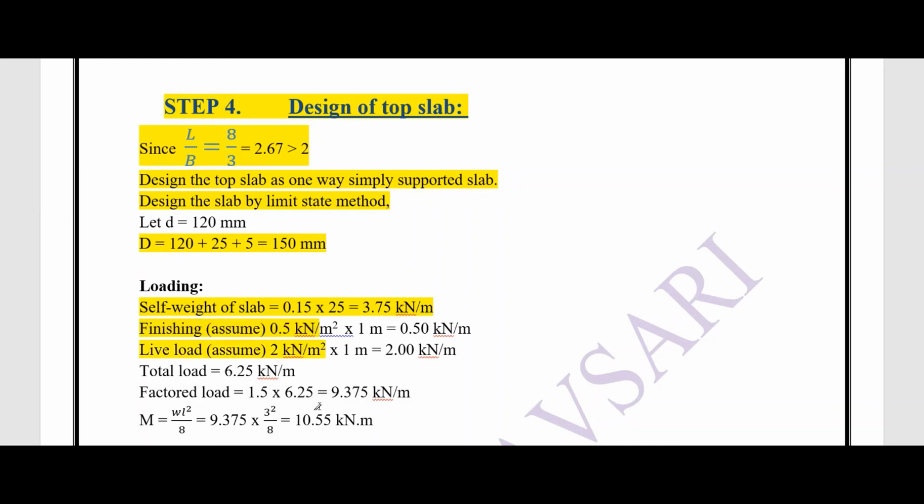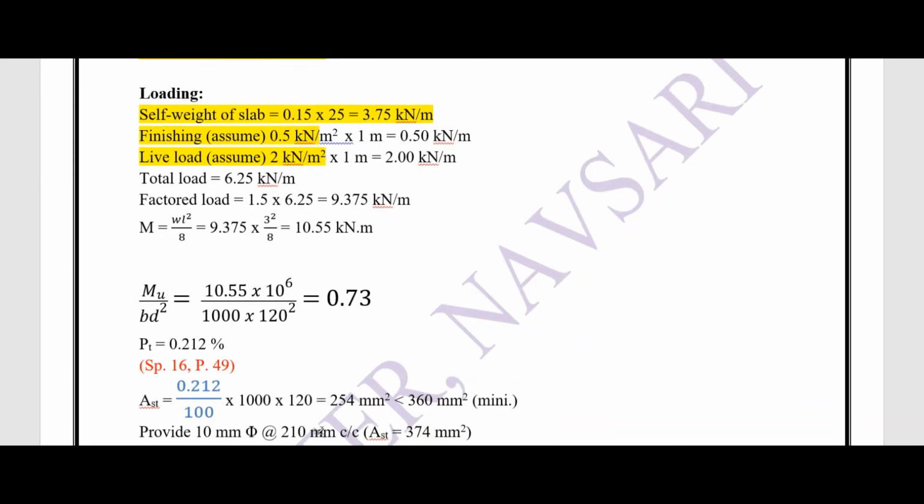These are the three loads applied on the top slab. Self-weight of slab is thickness into density, so 0.15 into 25, finishing is 0.5 and live load is 2. So total load is 6.25 kilonewton per meter.